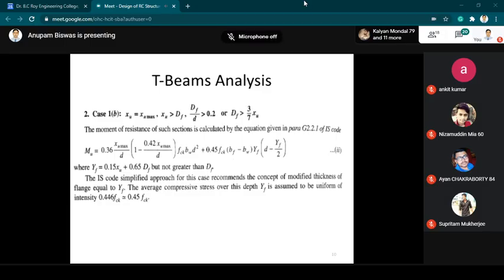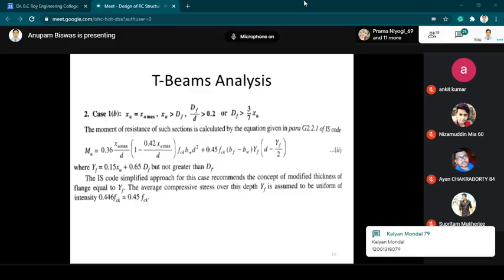One is when df by xu is less than or equal to 0.43, and the other is when df by xu is more than 0.43. Okay, so let us see the first sub case.